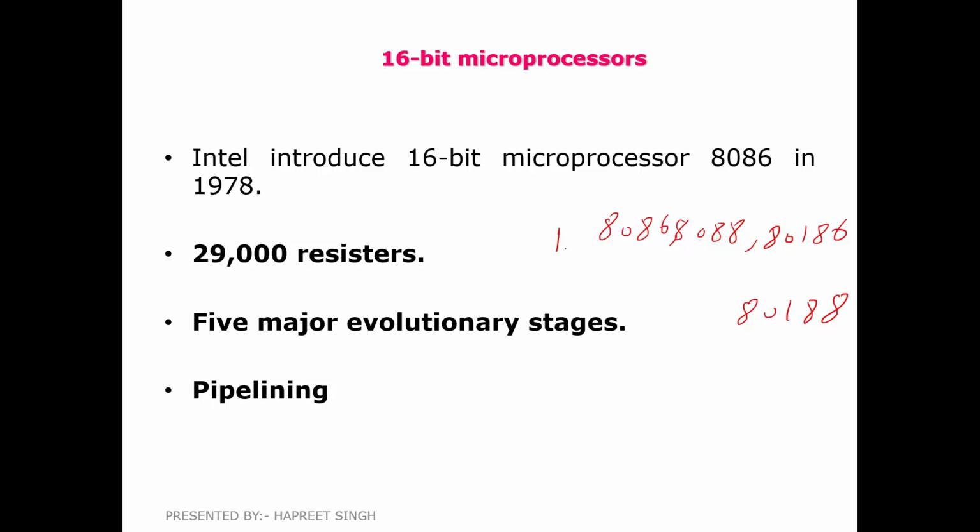The next generation consists of 80286. The third generation is 80386. The fourth generation is 80486, and the fifth generation is Pentium processors.